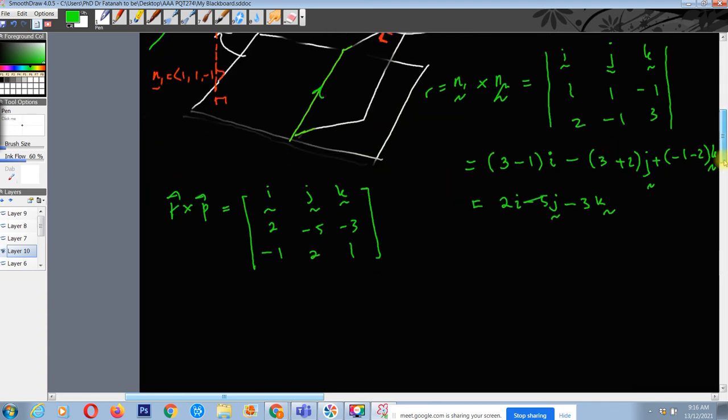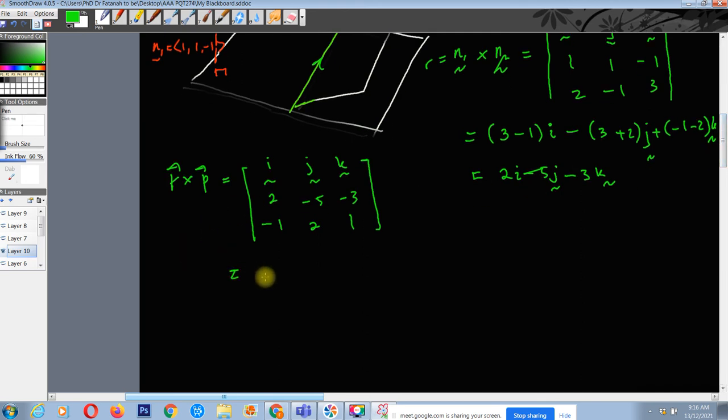So we have -5 minus 6, minus 6 plus 6 for i, and then minus j, so 2 minus 3 for j, and then for k we have 4 minus 5.